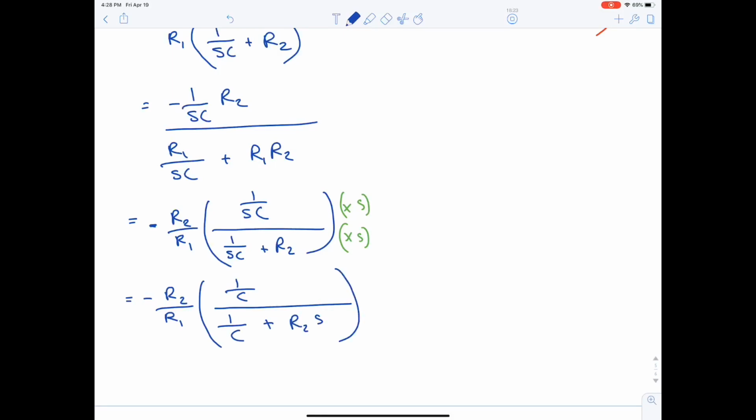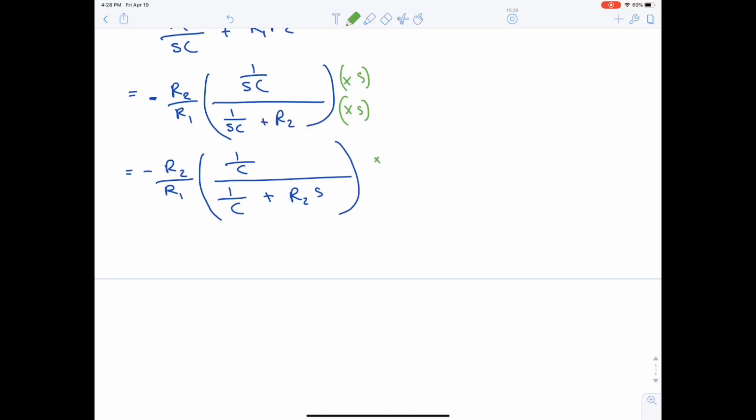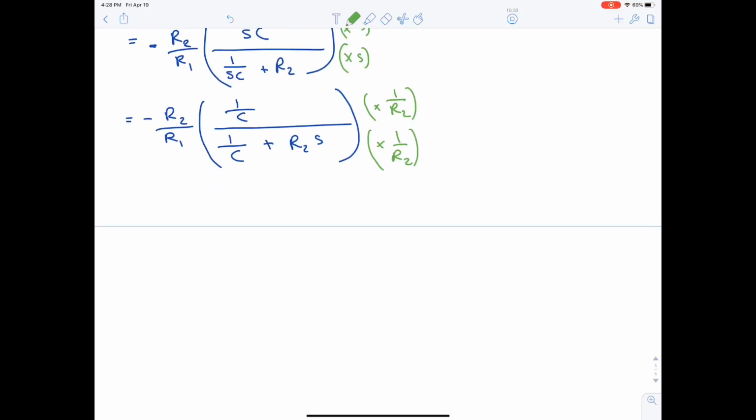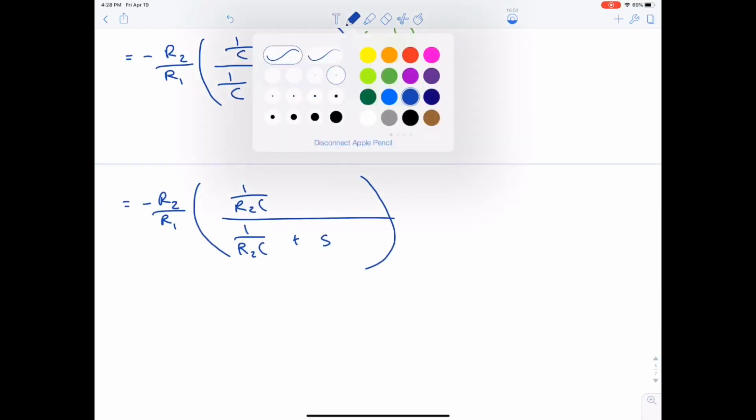Now, the coefficient of S is 1, so we need to divide by R2, 1 divided by R2, and here we do the same. This will result in minus R2 over R1 times 1 over R2C divided by 1 over R2C plus S. Now we're done with the transfer function.